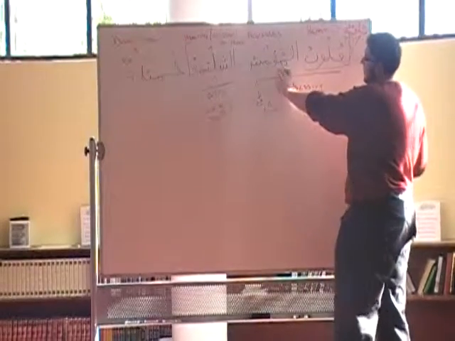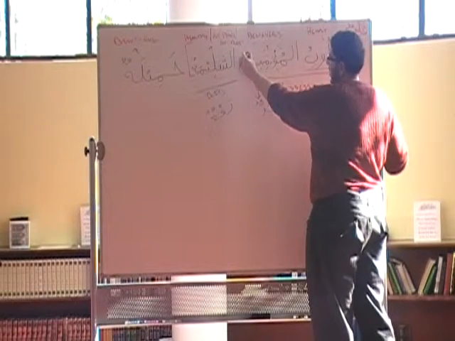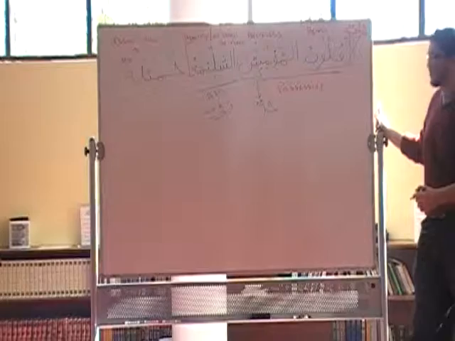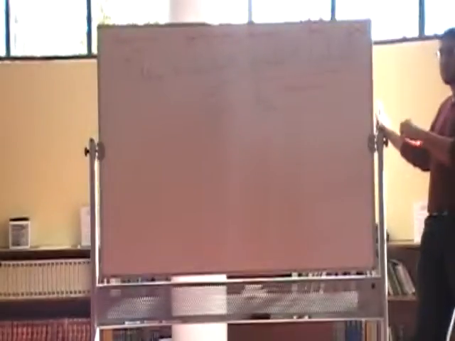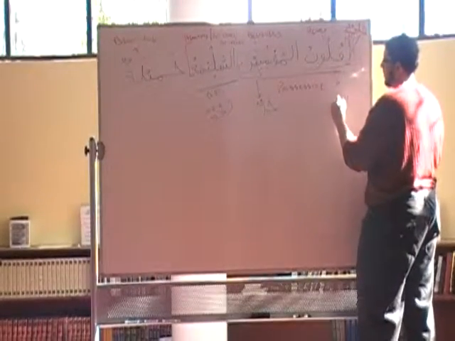Sisters who are new, this is jarrun because we didn't learn it yet, but one of the signs of jar is ina, when you have a sound masculine plural. Mu'minuna, mu'minina. Why is it mu'minina and not mu'minuna? Because mu'minuna is rafa'an, mu'minina is jarrun, and also nasbun. Okay, so good. And then qulub is what? Rafa'an.